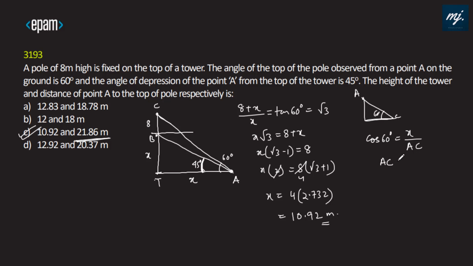That means AC equals 2X. 2 into 10.92 will be 21.84, which matches with 21.86, because the more perfect value of X would be 10.928. So if I multiply this, we get 21.86 meter as the distance from the point to the top of the pole. Option C fits in.